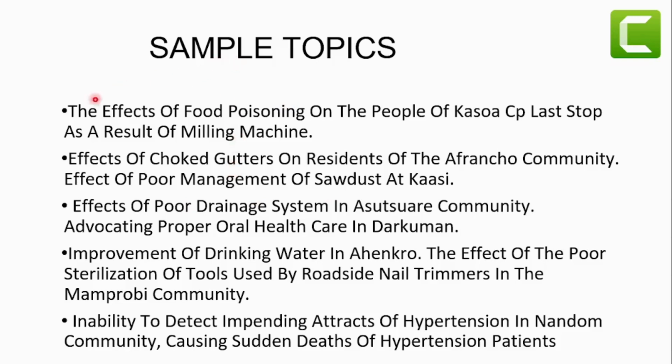For the sample topics, the first one says: the effects of food poisoning on the people of Kaswa CP last stop as a result of a milling machine. So the idea of this topic is the effects of food poisoning. It's trying to convey a biomedical engineering idea, in the sense that it is an effect on the biological system, right?